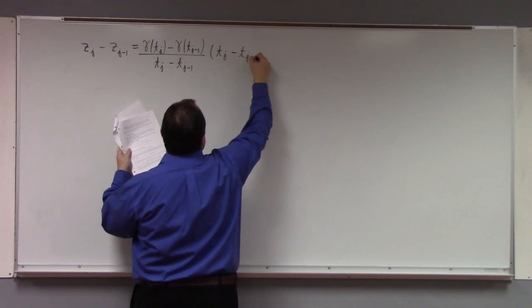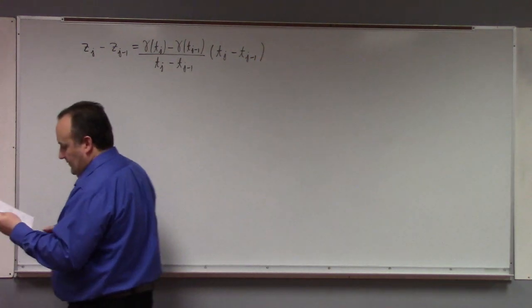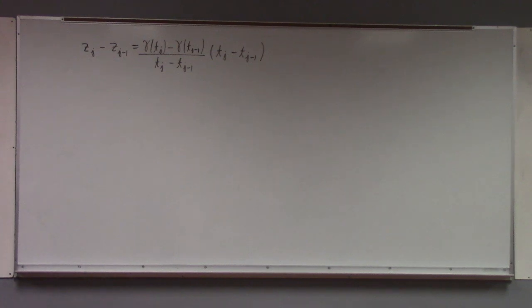Why can I do that? What have I assumed about these times? I've assumed they're distinct, right? So we're not dividing by 0 there.